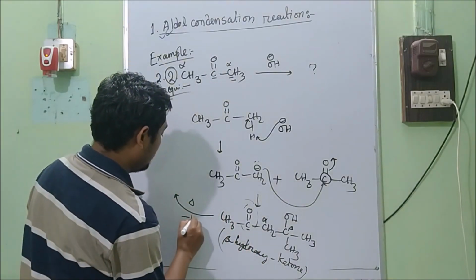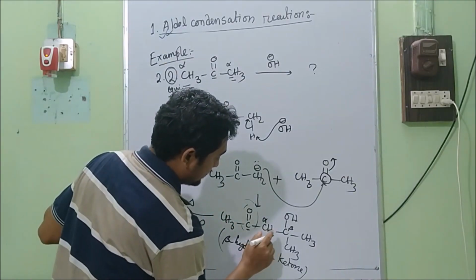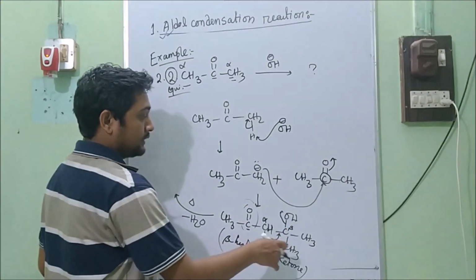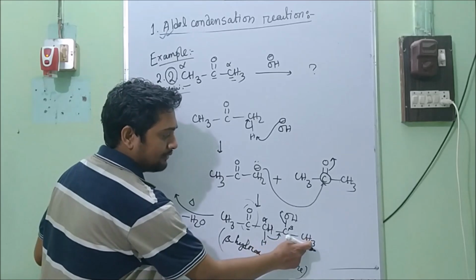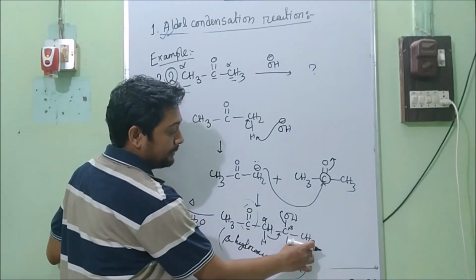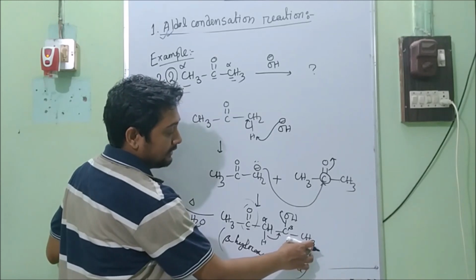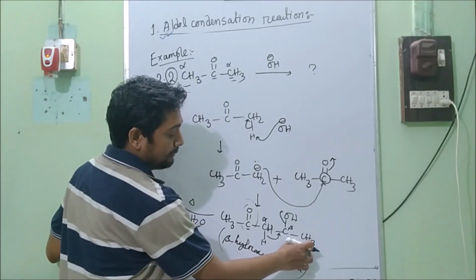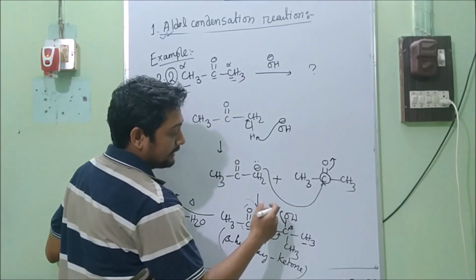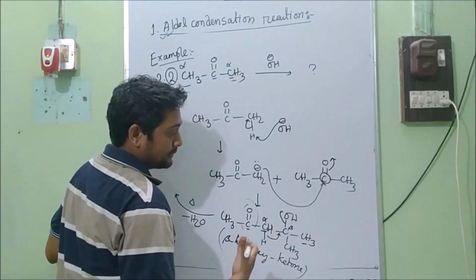On heating, it will eliminate water. How? This hydrogen. This is more acidic in nature. Again, we will get a more substituted alkene if we eliminate from here. We can also eliminate from the other side, but then the alkene will be a less substituted product. But if we eliminate H from here, the alkene will be more substituted.